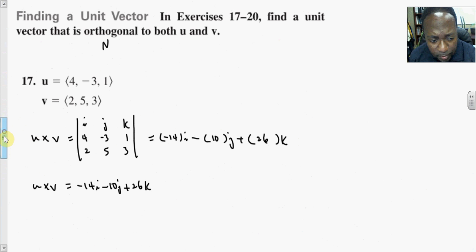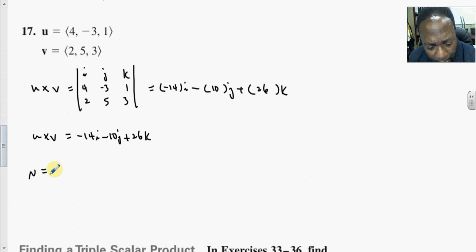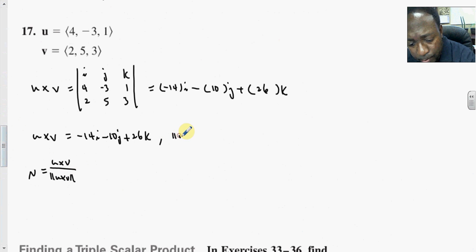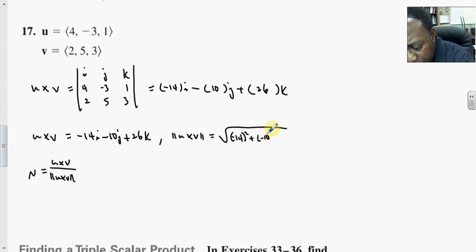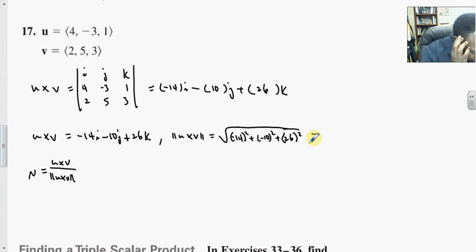That's perpendicular to both U and V. So here N will look like the cross product of U and V divided by the norm of U cross with V. So the norm of U cross with V is the square root of each of the terms squared, -14 squared plus -10 squared plus 26 squared. That gives us, on our calculator, 18 times the square root of 3.